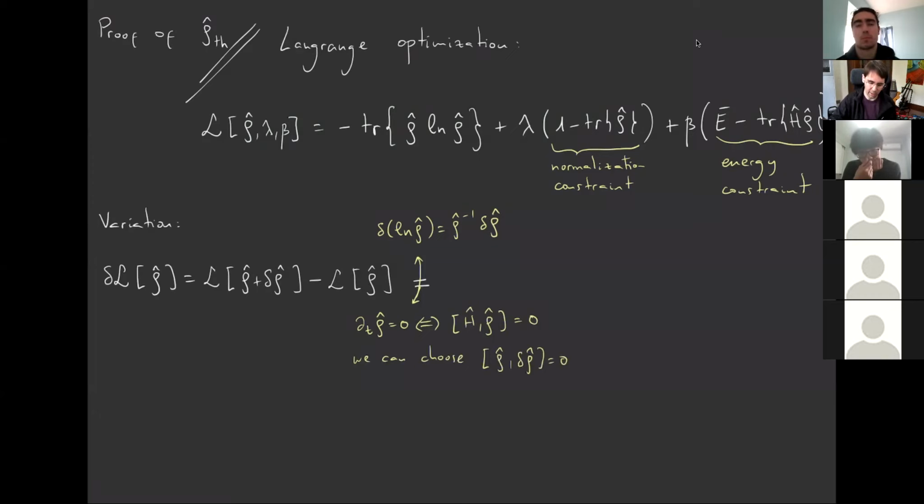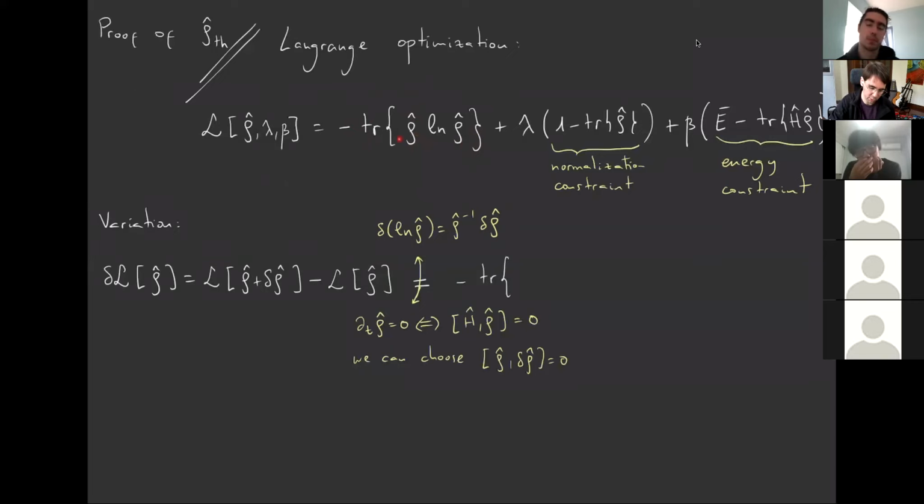So then using these expressions here, it's very easy to find that this expression here is equal to minus the trace. And then let's start writing things. So what happens when you take the variation of the first term in here? So look in here, we have rho log rho.